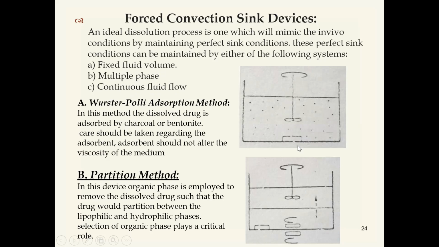The dosage form is placed here. In the dissolution medium, in the Brewster Poly adsorption method, charcoal or bentonite is present. Why? Because whatever dissolved drug is there is adsorbed by this charcoal or bentonite.